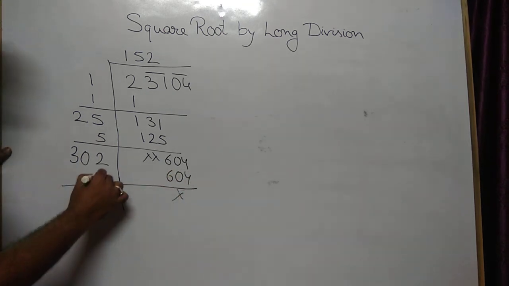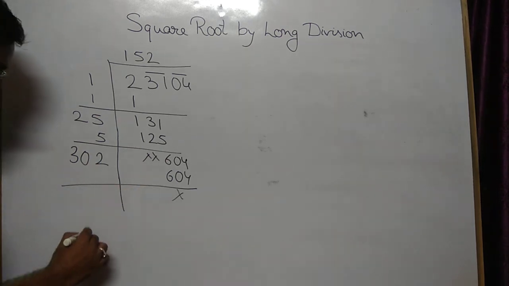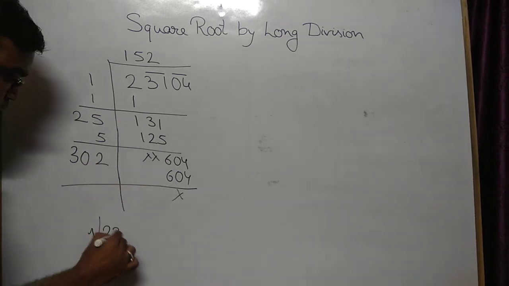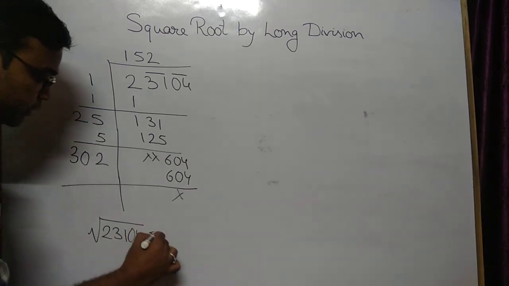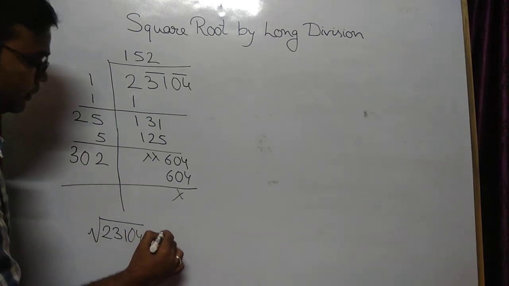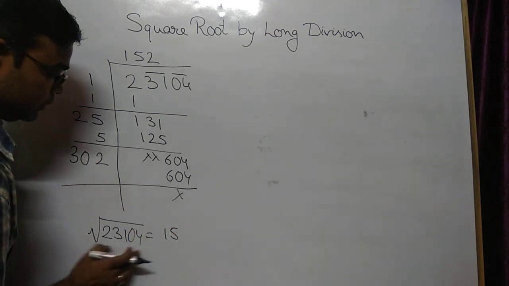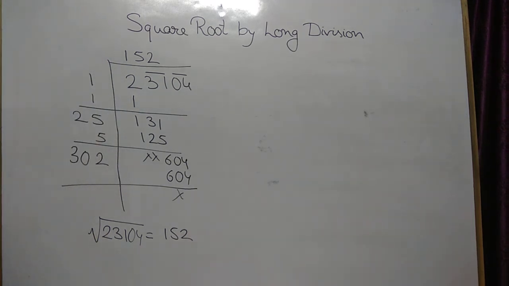Cross it, no need to solve. So what is the square root? We can write that the square root of 23104 is 152. Likewise you have to find the square root by using the long division method.